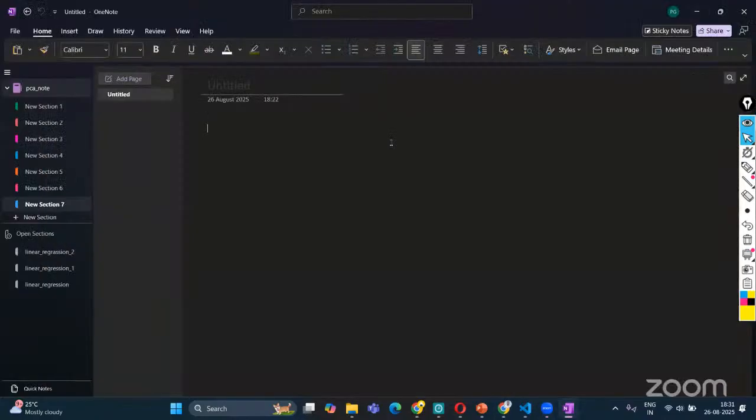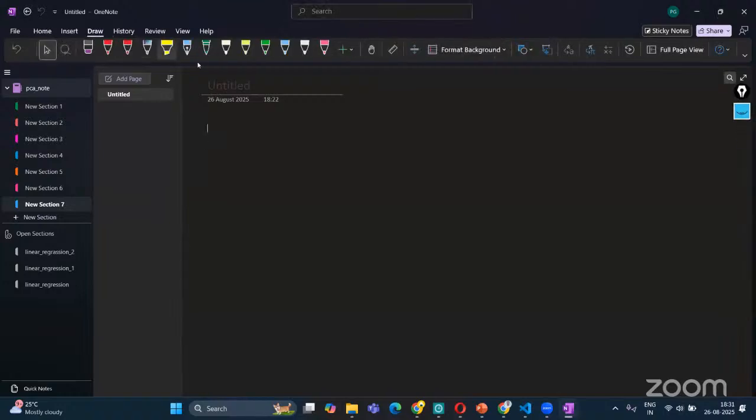Let's quickly start with our machine learning. Before starting, we need to understand what ML is all about. Let's start with the diagram which is used to classify what is AI, what is machine learning, what is deep learning, what is generative AI and all.